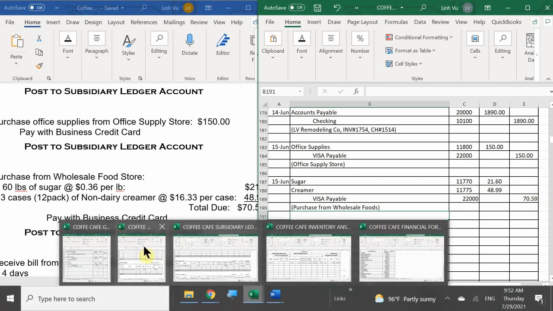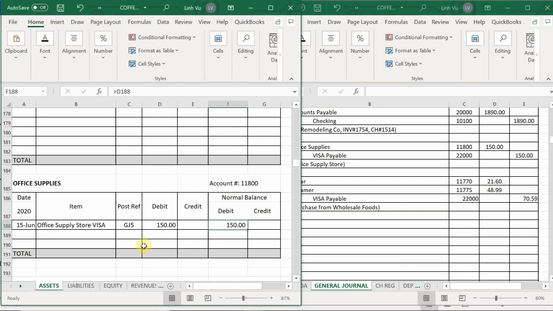Then we go over to the ledger, right? And we go to the ledger right there. Here we're going to go to accounts payable under liabilities.